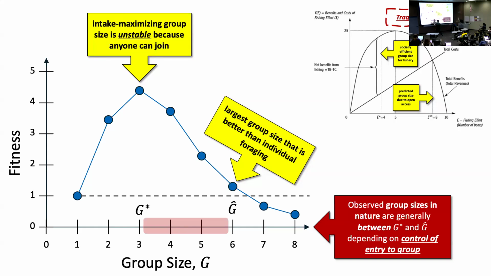And if you are able to model, and this is not easy to do, but I'll show you how you can actually get empirical data on how to generate this, if you're able to generate this blue curve, then what you'll find is that the group sizes you find in nature will be between this max and this point, equal to individual. So you get these 2 stable group sizes, one in here and then individual foragers over here.